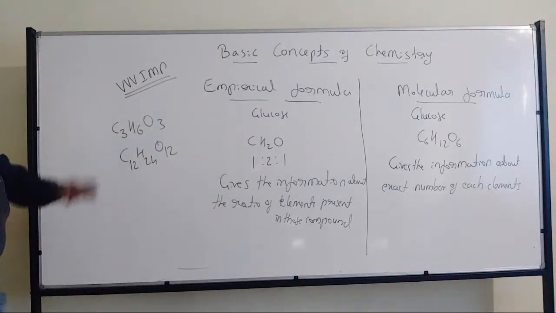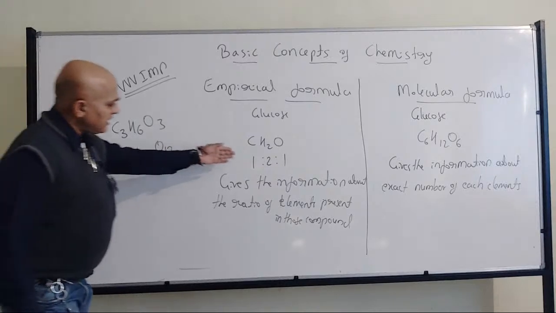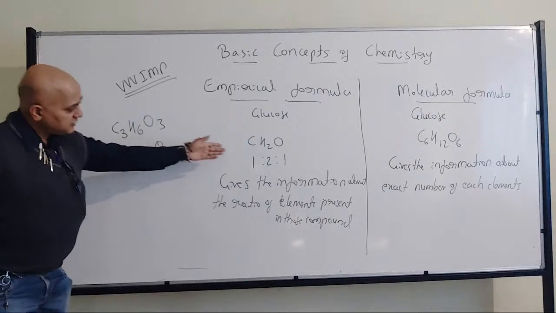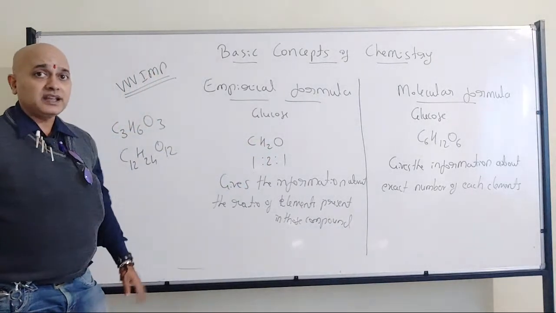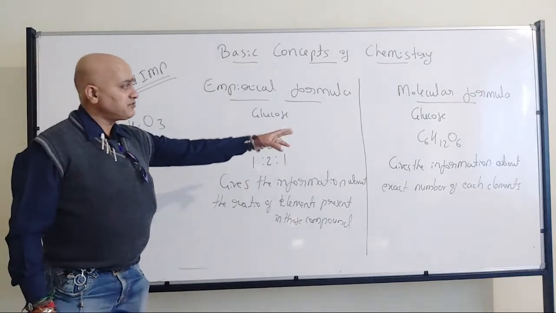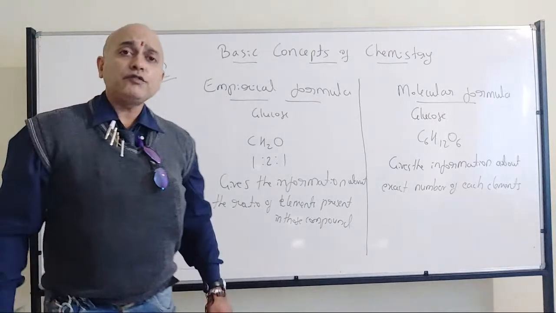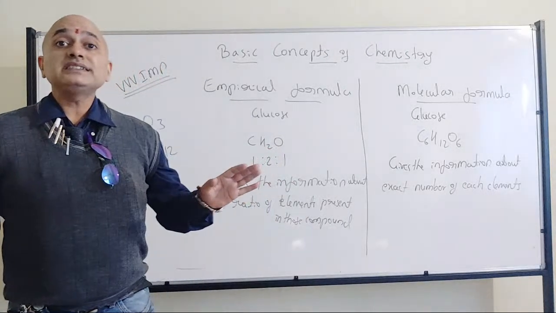So it is CH2O. C12H24O12 will also give the same ratio, and C3H6O3 will also give the same ratio, because it is the simplest ratio for this particular compound. Even for C6H12O6 it is the simplest ratio. That's where the empirical formula tells about the ratio of these elements.